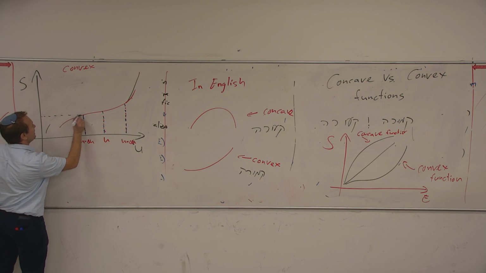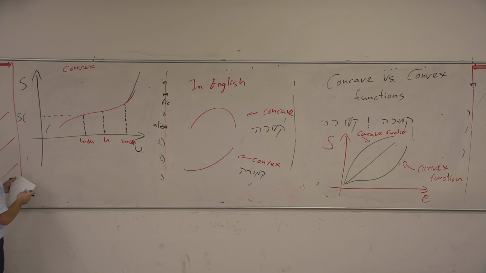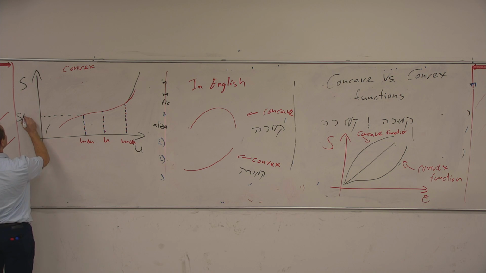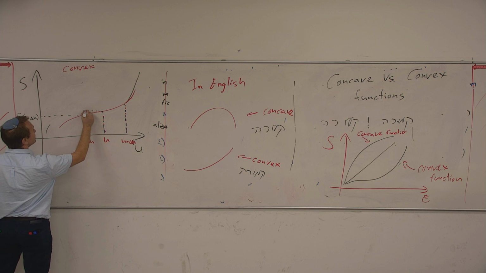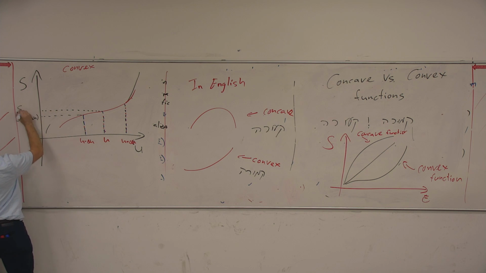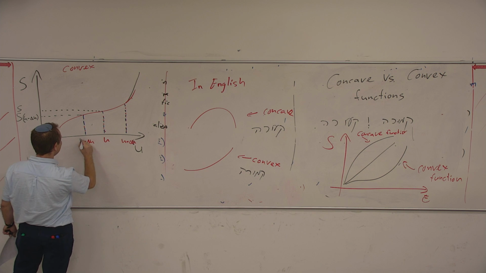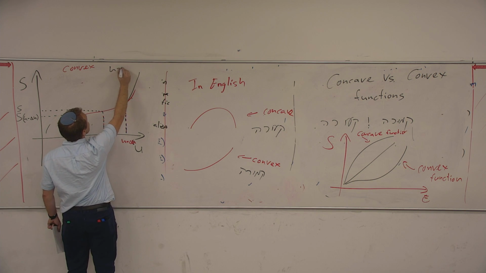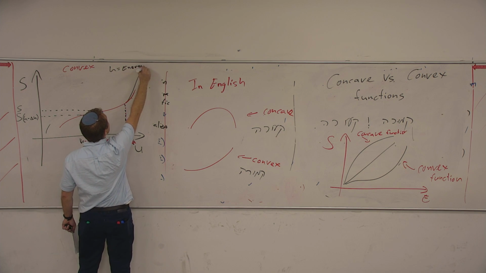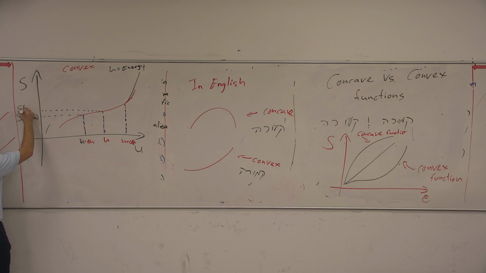This guy is S of U minus delta U, and U is the energy.